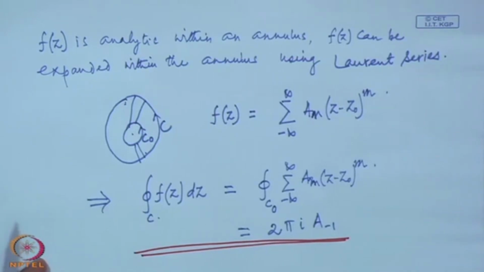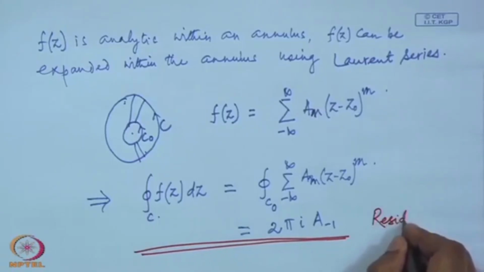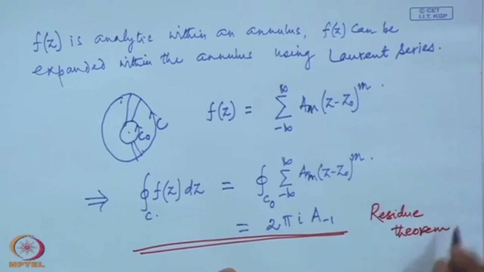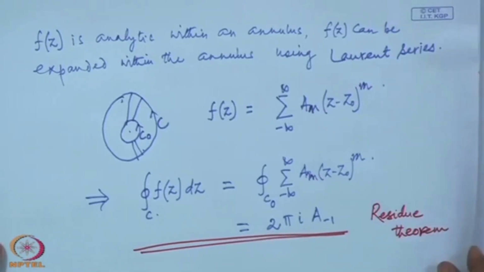If you have n singularities, there will be one residue for each singularity, and the result will be 2 pi i times the sum of a minus 1 for all the singularities.